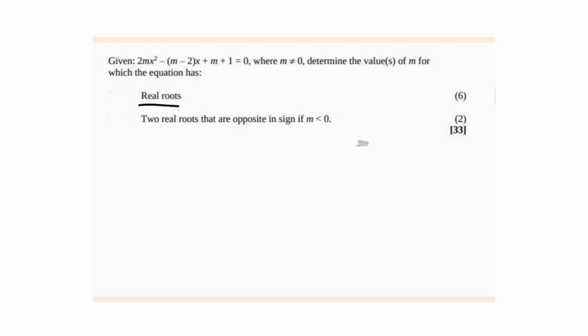I mean, is it ax squared? Remember standard form, guys, is ax squared plus bx plus c equals 0. So yes, we see we have equated it to 0. We have 2mx squared minus (m minus 2)x plus m plus 1. It is in standard form.